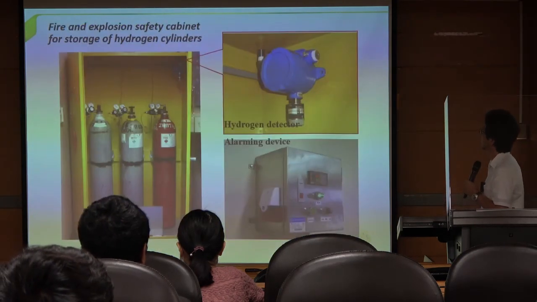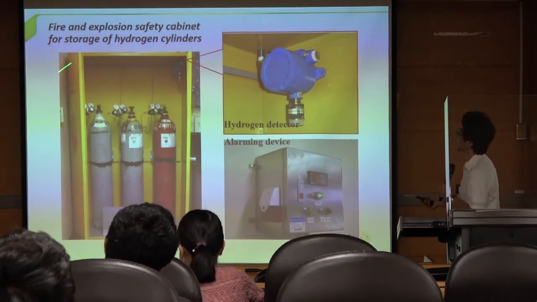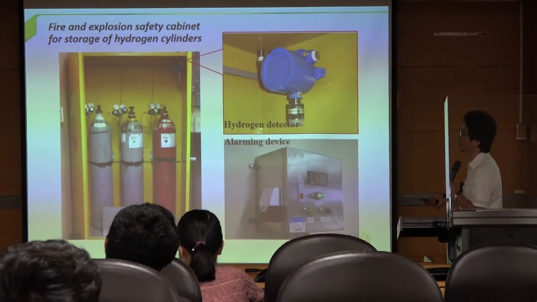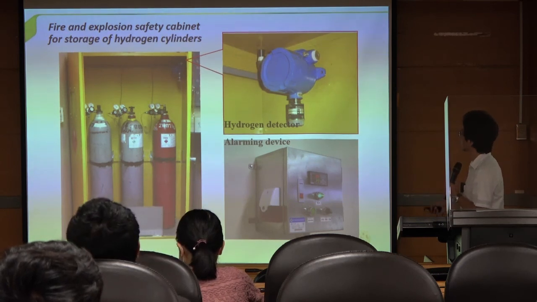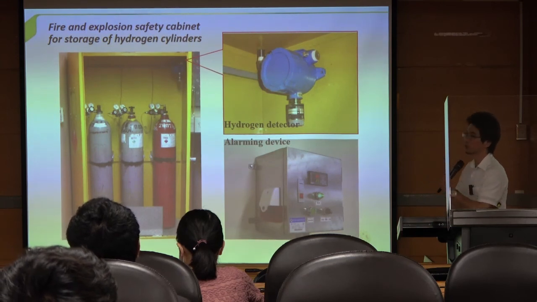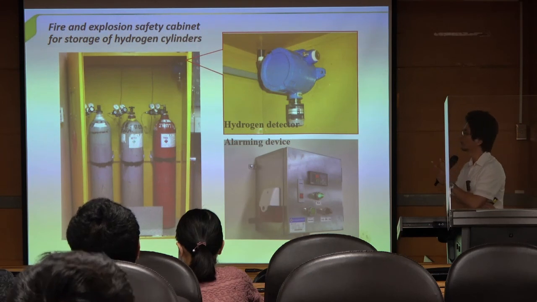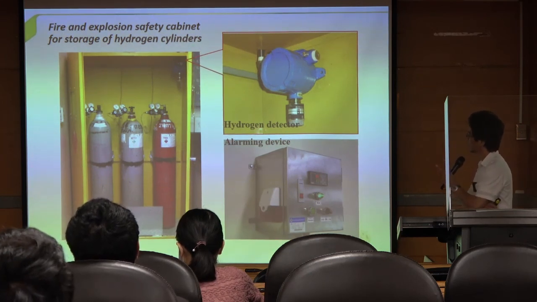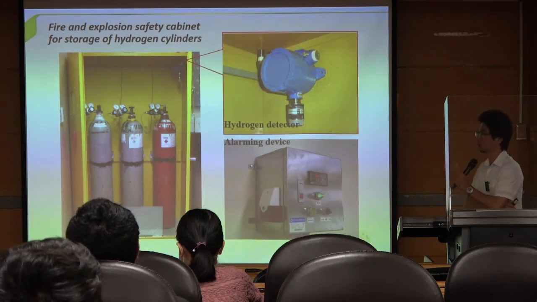Okay. Then the cylinders should be stored like this one, with a special cover, and store them inside. When the hydrogen concentration exceeds 3%, it will explode.